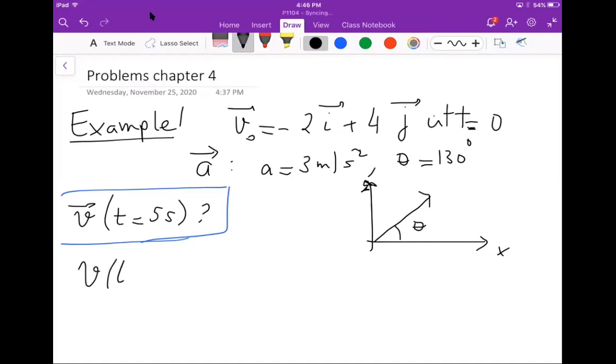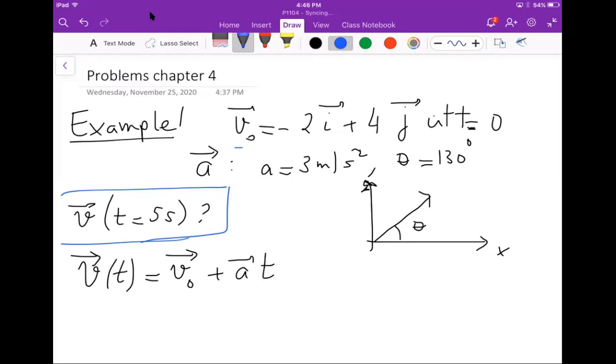Of course we are talking about the vector v. If you have a look at the slides, you will see that this vector v is nothing else than v0 plus at, where v0 is the initial velocity vector.